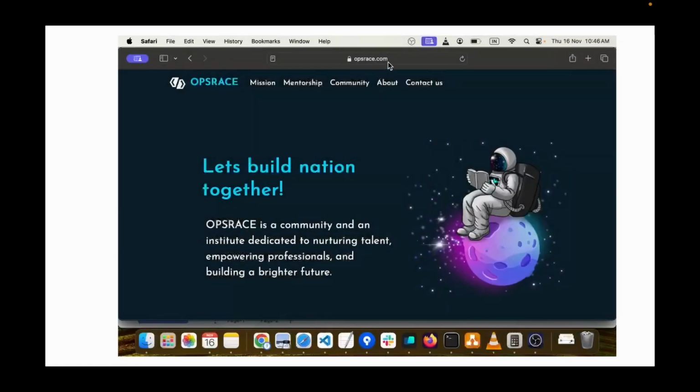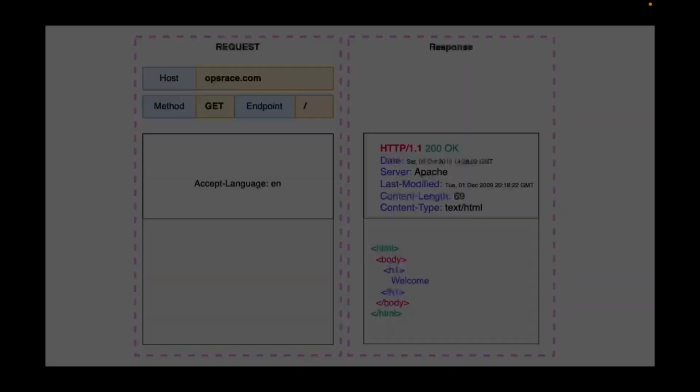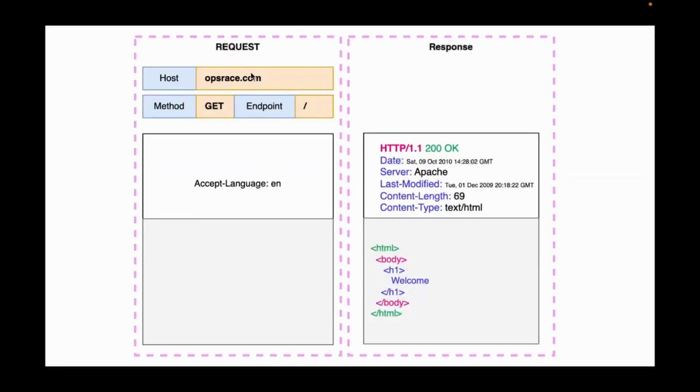So when we type opsrace.com, this hypertext is loaded, the colors, the images, all this information is in the form of HTML. When we made this request, Opsrace is the address of the server, GET is the method, the technique we used, the endpoint was front slash, and our browser automatically put the language, because there are a couple of websites that are multilingual and support multiple languages.